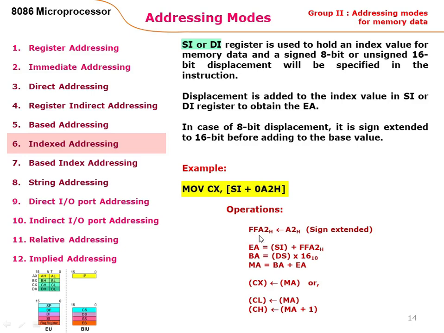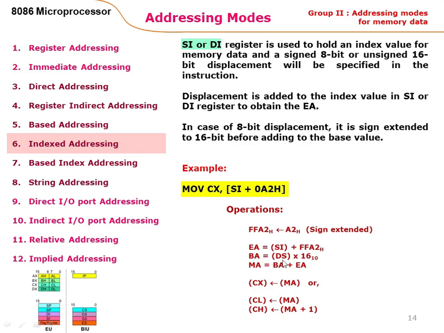So we are adding FF to this A2, and we get the value FFA2. Now the effective address can be calculated as the value held by the source index and the displacement, so SI plus FFA2 will give you the effective address.